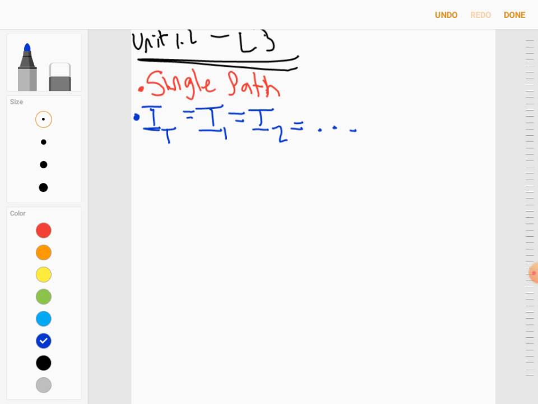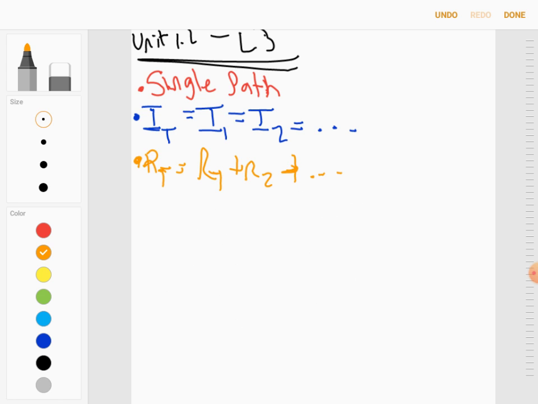The third rule is that the total resistance for a series circuit is going to equal the sum of all the different resistors. So resistor 1 plus resistor 2 plus the 3 dots, which means any amount that there could be in that problem.